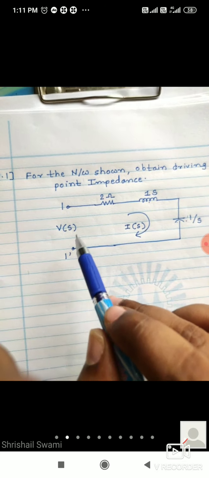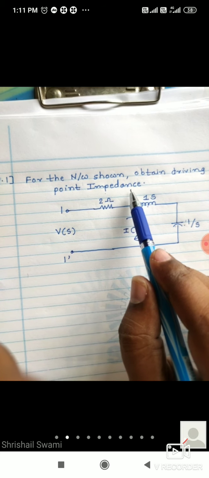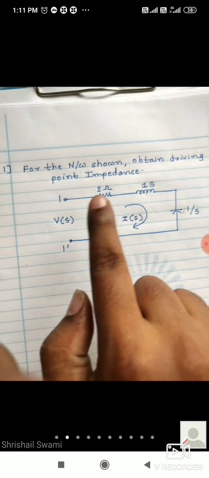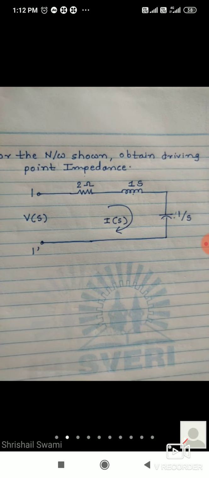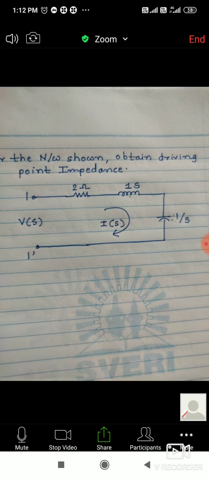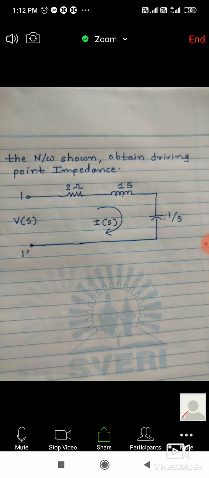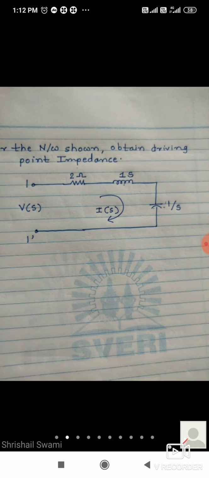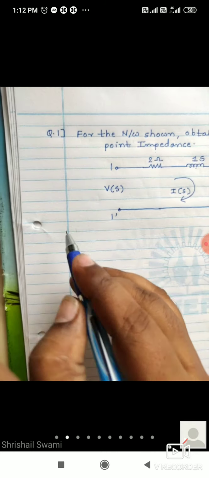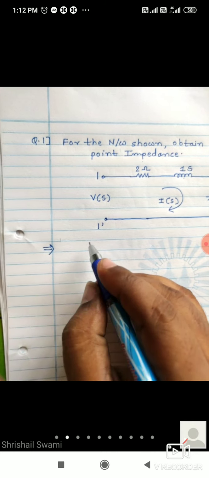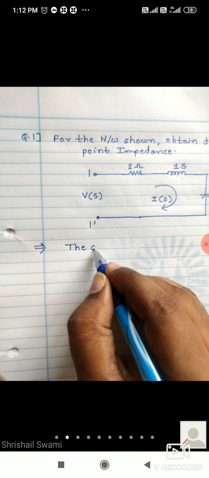So what you have to find for the network shown, obtain driving point impedance. So as it is one port, only one port is given. So driving point impedance means what? This is a one port network now. So for one port network, how to find out driving point impedance? That is denoted by Z of S. You have to calculate Z of S. So the answer is, very simple.